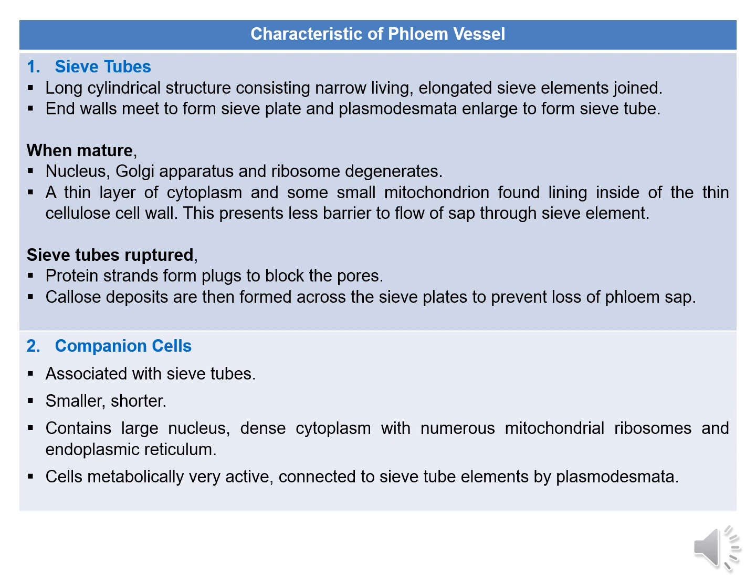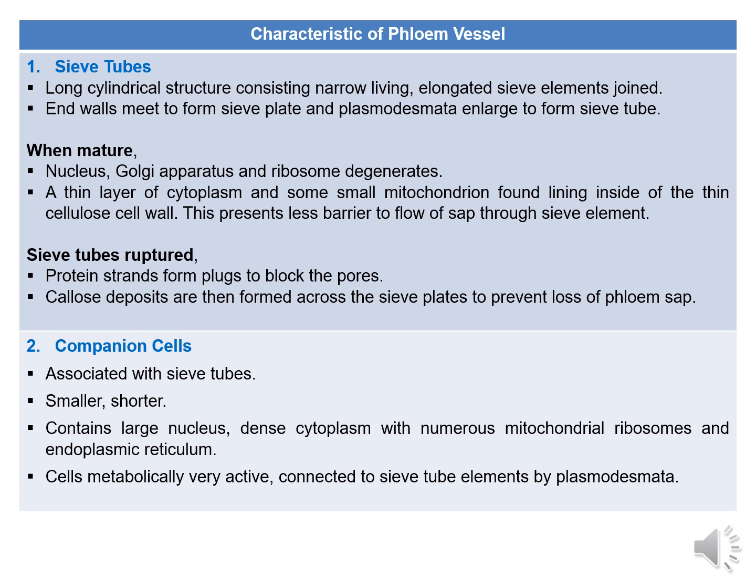Then they will replace the original sieve tube by joining and combining, becoming a polymer of protein, and they will strand to form a plug to block the pore. They will substitute, they will replace the function of the sieve tube when it ruptures.